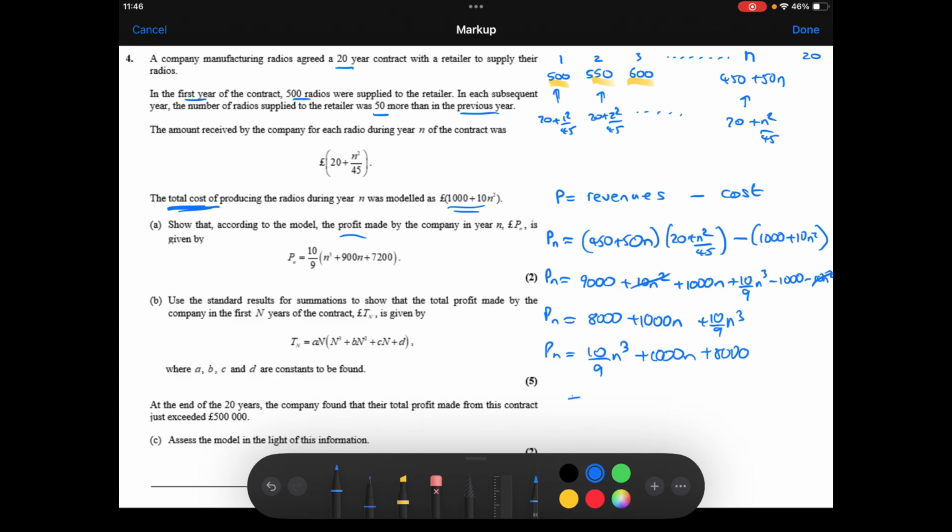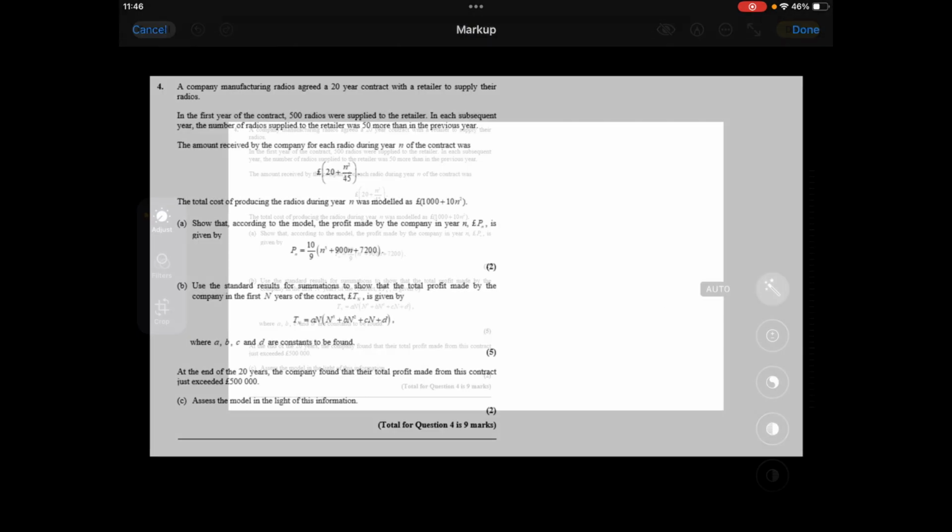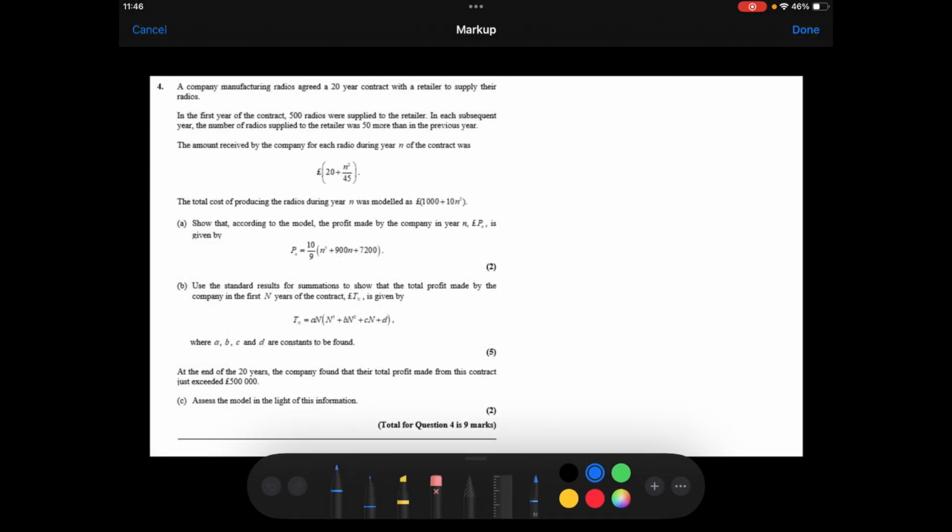And then we're going to factorise the 10 over 9 outside. And that gives the answer that we needed to show. So that is part A of this question done. Quite a lot of work there for 2 marks. But we've got the result. We're now going to use that result to continue with the rest of the question.